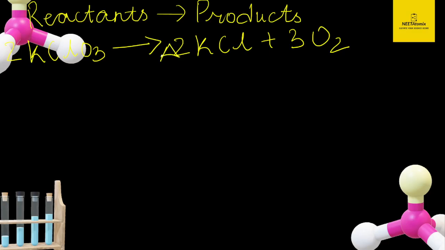All the precipitation reactions are irreversible reactions, meaning if there is a precipitate formed such as AgCl or BaSO4. AgCl is a white precipitate, right?